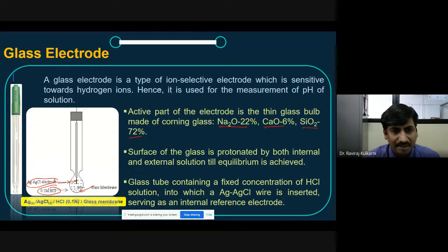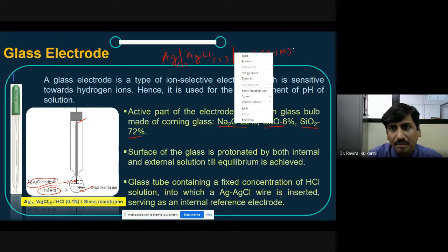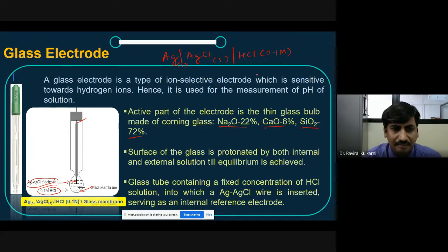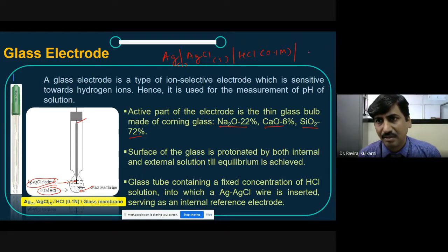So how to represent this electrode? Silver, Ag, is in contact with silver chloride. This is solid, and this is also solid. That silver chloride is in contact with HCl, say 0.1 normal or 0.1 molar, both are the same for this. And this 0.1 M HCl is in contact with the glass membrane.